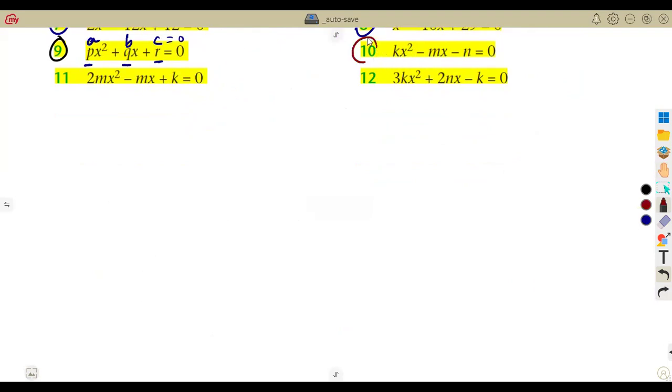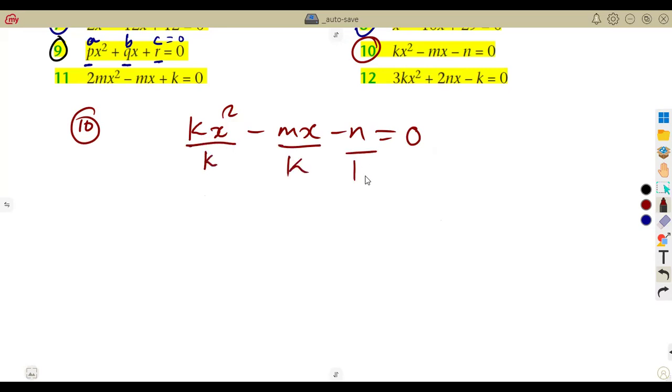Similar question to this one, but this time we've got negative kx squared minus mx minus n is equal to 0. As we can see on this equation that we are given, the coefficient of x squared is not 1. So like I said, divide by the coefficient of what? X squared, which is k.